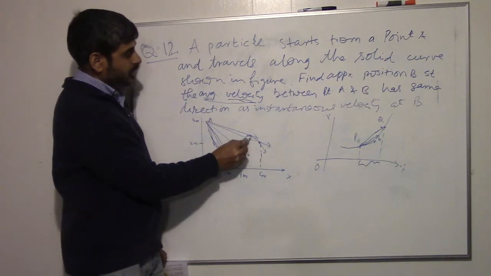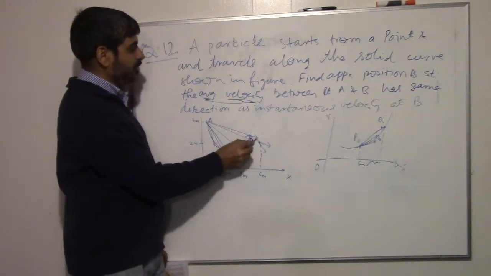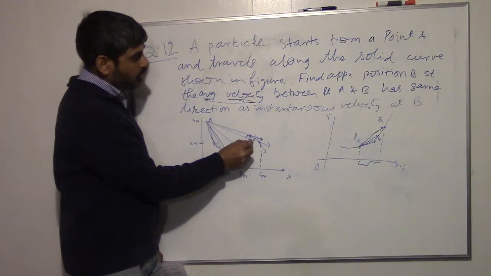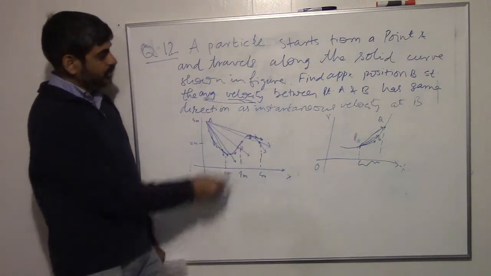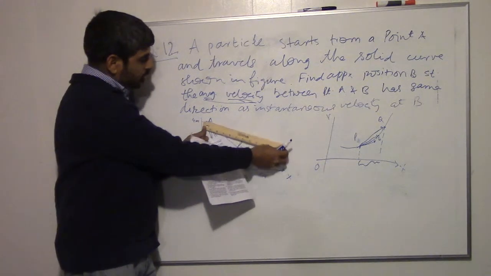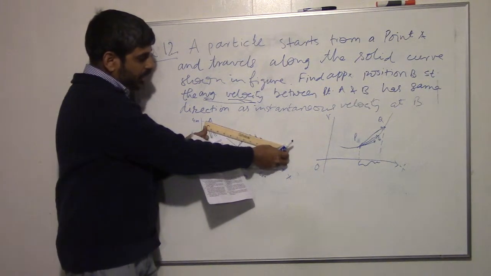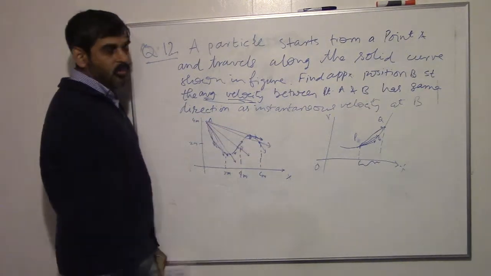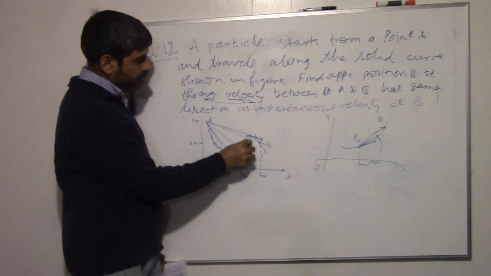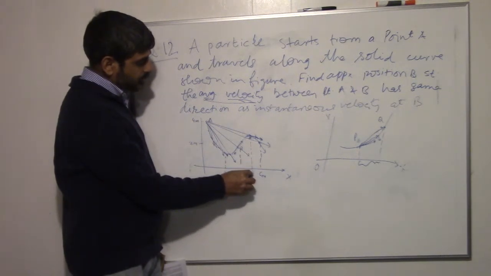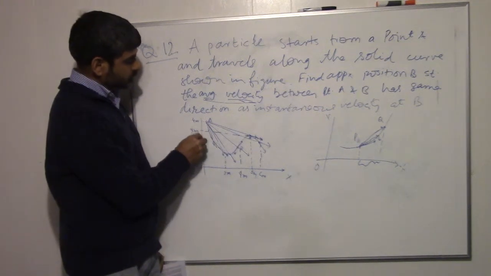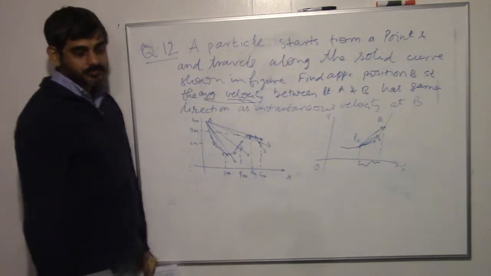In this case, the average velocity between A and B has this direction, and the instantaneous velocity at B also has this direction. So B is the point found by putting your scale with one end at A and the other end just touching the curve. This is the point where the instantaneous velocity and the average velocity have the same direction. This point is approximately at 5 meters, and this I think is at 3 meters. The coordinates will be 5 and 3.